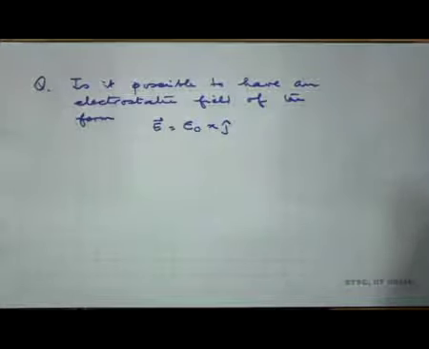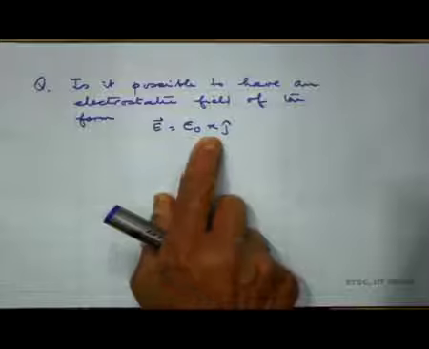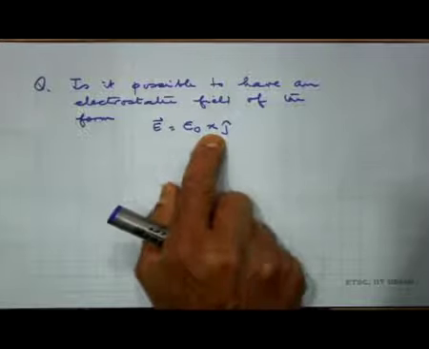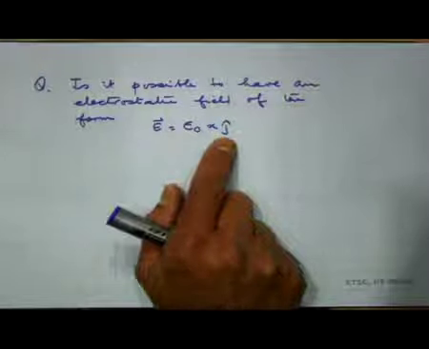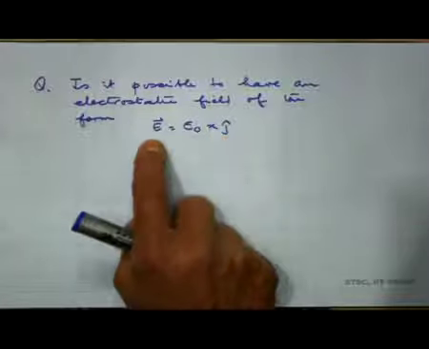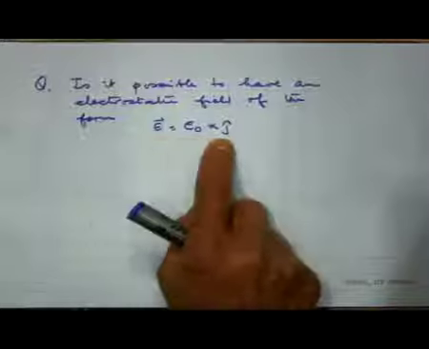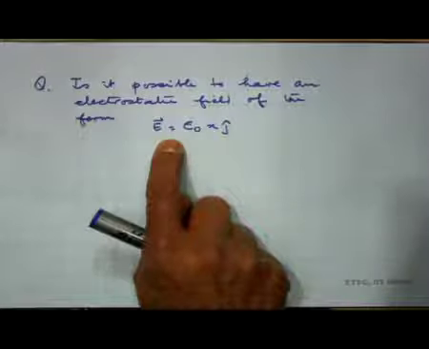So, that is a vector field with magnitude E naught x, which depends on position x, and it is directed along the y axis, j cap. So, the question is, this is a vector field, and can this vector field represent an electrostatic field?